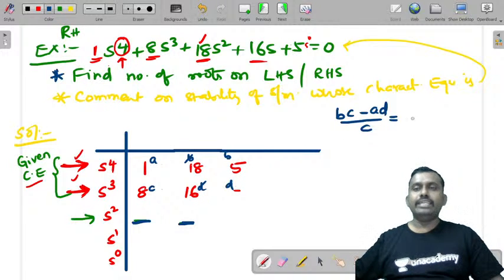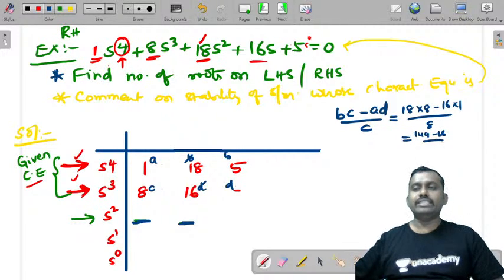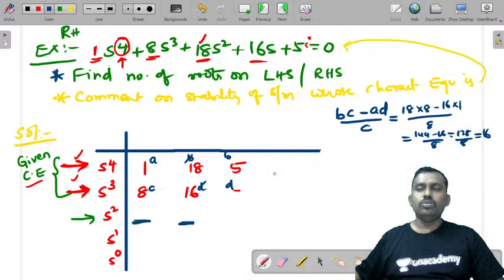So in the first case, it is 18 into 8 minus 16 into 1, by 8. It was 144 minus 16 by 8. It is 128 by 8, and that is 16. Hope that's correct.